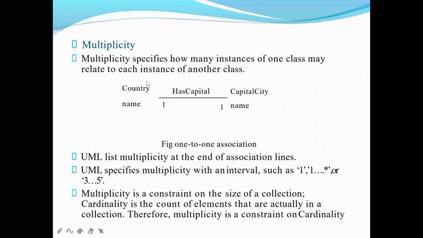Let's take country as your class name, and here capital city is your class name, okay? So this country class is related with another class, okay? So here it has been connected with a link.